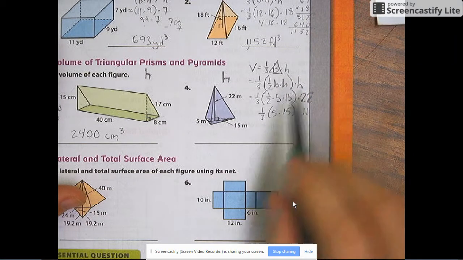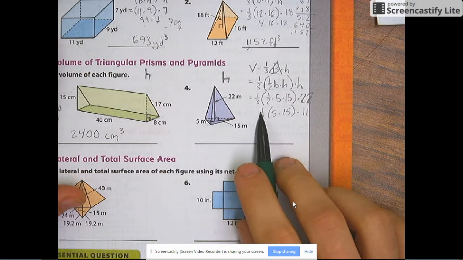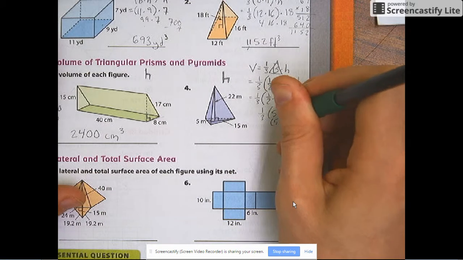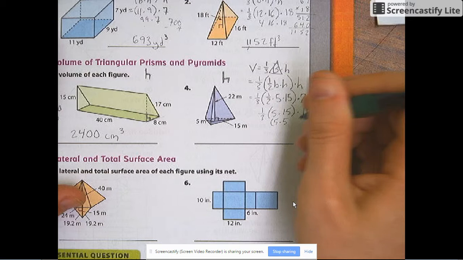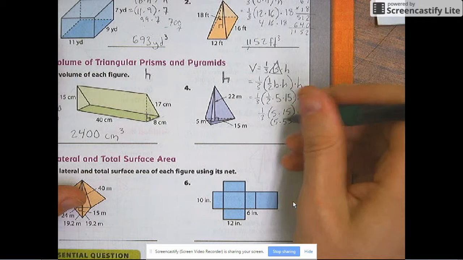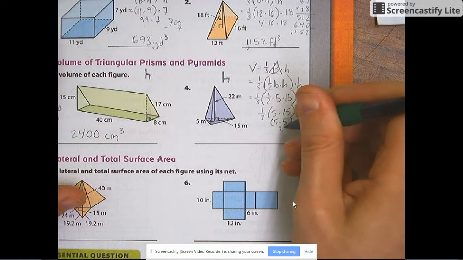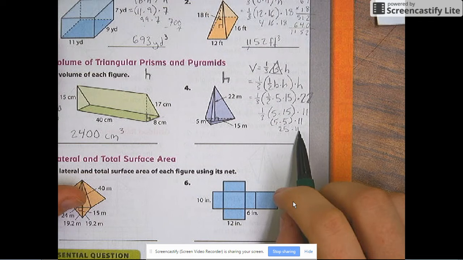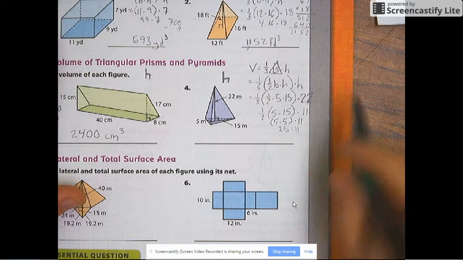11. Take a third of 15. It's the easiest one. So I still have this 5. Now I have a 5. 15 divided by 3 is 5. And I still have the 11 out front. 5 times 5 is 25. Times 11. I'll probably just do this across over here.